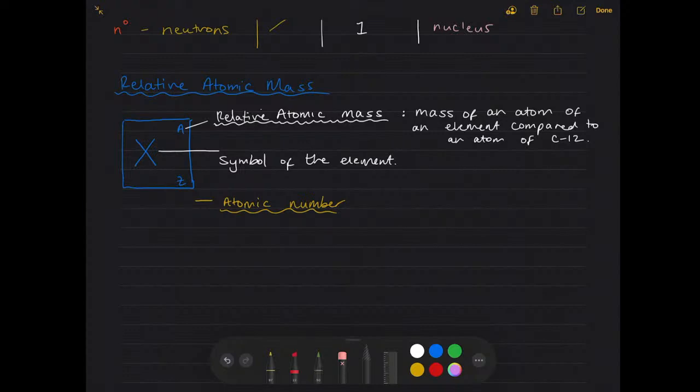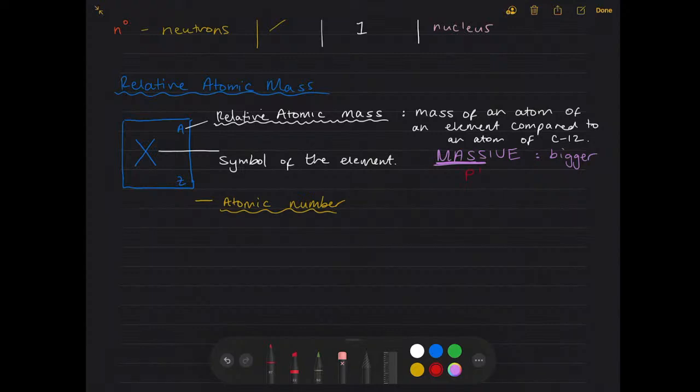The relative atomic mass is always the massive number. And the reason why I'm saying massive here is it's the bigger number. So it doesn't matter which way around you have A and Z, the bigger number will always be the atomic mass.